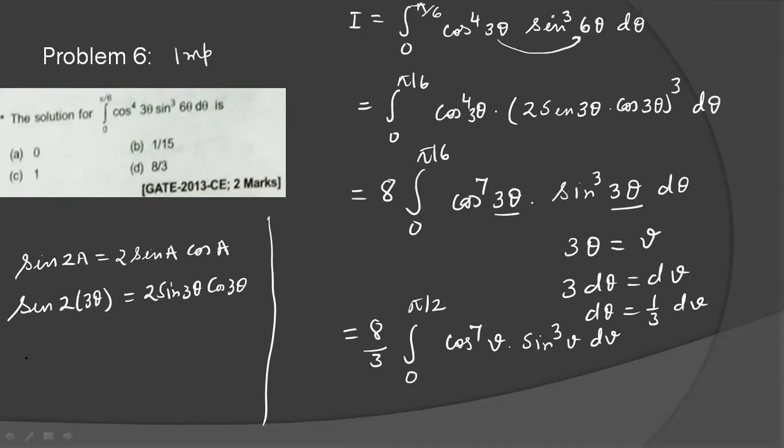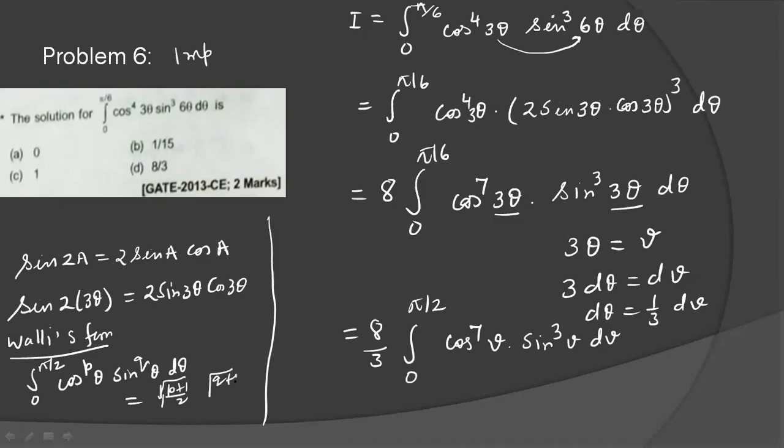Now use Wallis formula. I taught it in the previous lecture 22b. Wallis formula, alpha, beta and gamma function. I told you the integral from 0 to pi by 2 of cos to the power p theta sine to the power q theta d theta is equal to gamma of (p plus 1) by 2 times gamma of (q plus 1) by 2 over 2 gamma of (p plus q plus 2) by 2.